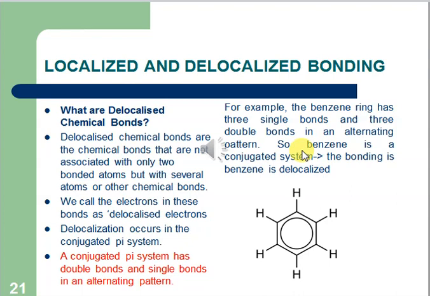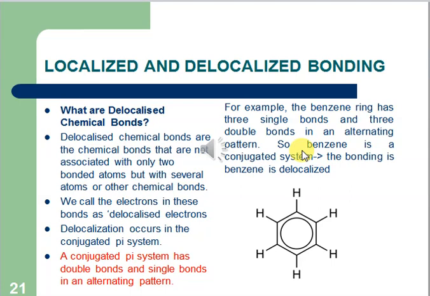That's what we mean by delocalized bonding. A localized bond is a covalent bond in which the electrons remain fixed between two atoms. However, if the electrons don't remain fixed between two atoms but spread over more than two atoms, then such a system is known as delocalized bonding, and the system is said to be delocalized. Always remember that delocalization always occurs in a conjugated pi system.